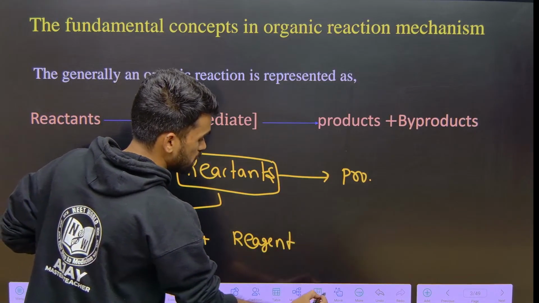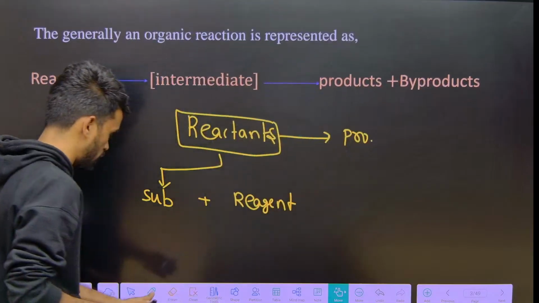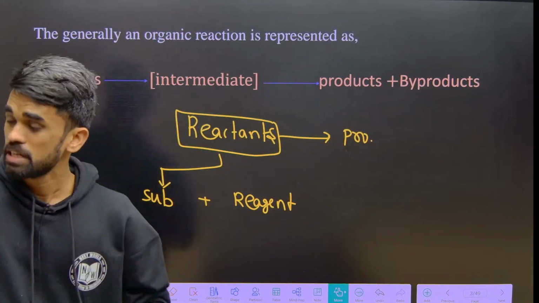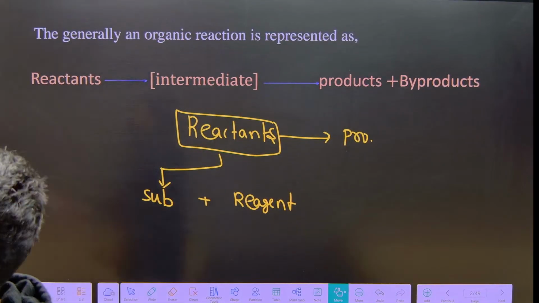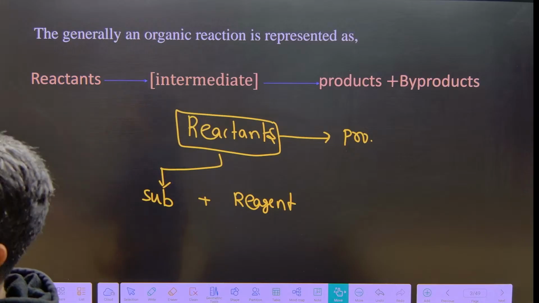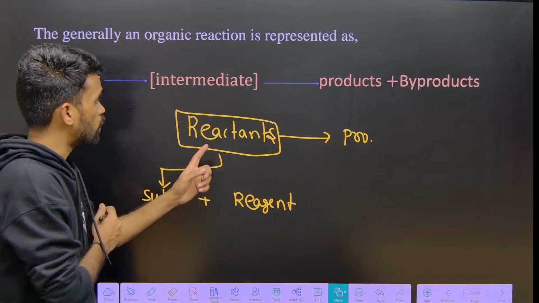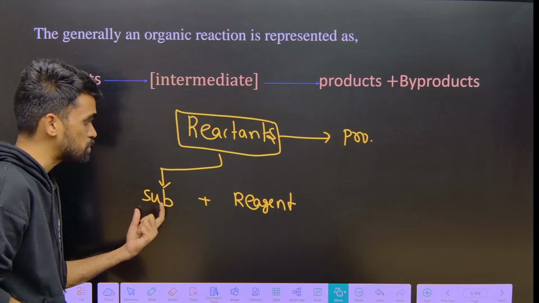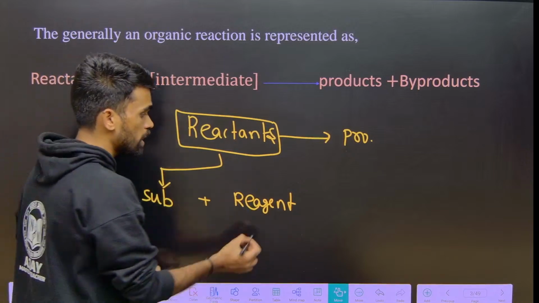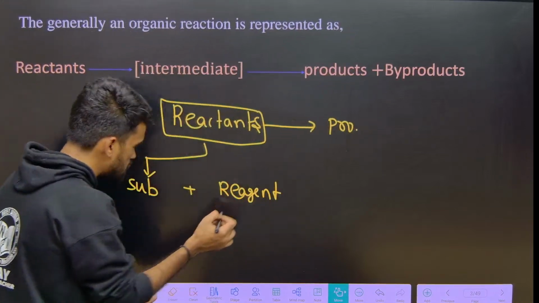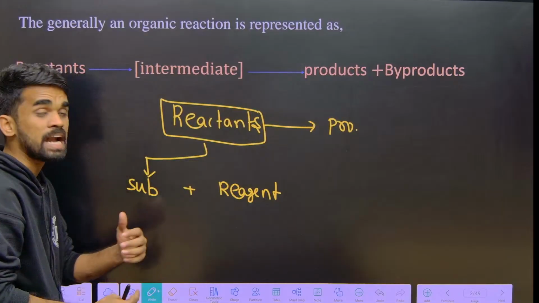Just listen here for a few more minutes so that you will get some clarity. On the reactant side we have substrate and reagent. This reagent, for understanding purposes, I am calling the attacking reagent.